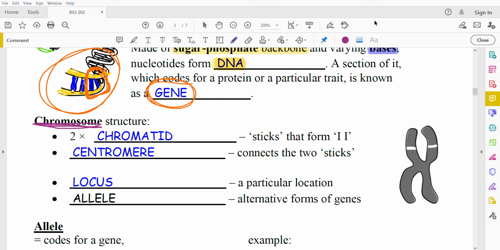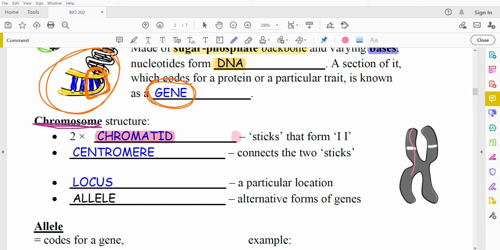What we'll notice is that a chromosome is made of 2 chromatids. These chromatids are, if you wish to make a comparison, sticks that form the sides of the H or X letter, whichever you prefer to view a chromosome as.